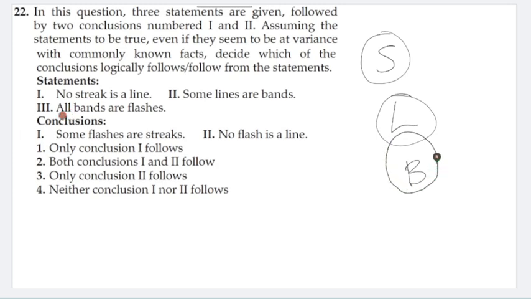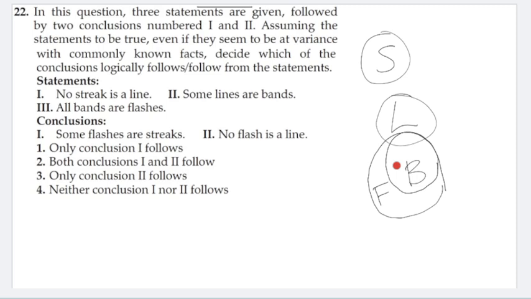Now the third statement is all bands are flashes. So all bands are flashes. So bands come in the circle of flashes. So this is it.